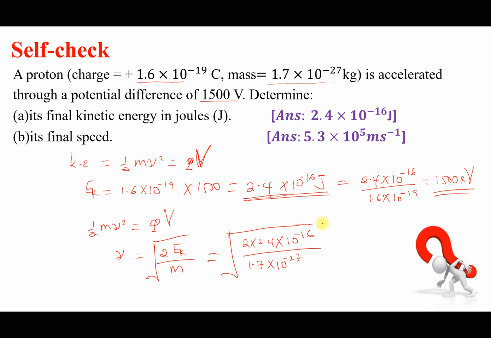I'll check this with my calculator. 2 times 2.4 exponent minus 16 divided by 1.7 exponent minus 27, then square root. So this is 5.3 times 10 to the power of 5.